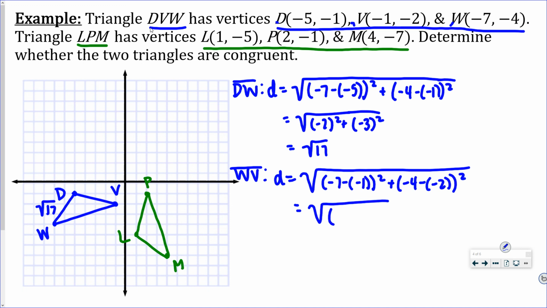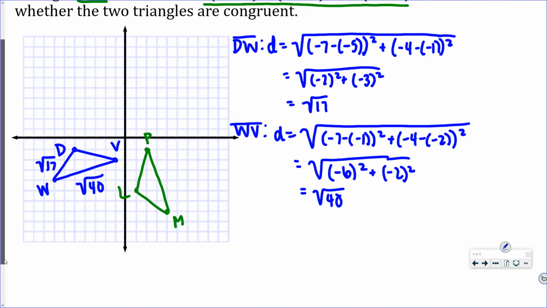All right, -7 plus 1, that'd be -6 squared, plus -4 minus -2 would be +2, that'd be 2 squared. 36 plus 4 is the square root of 40. You don't really need to simplify the radicals here, folks. We're just checking if all of these are the same. So you can leave it as the square root of 40 for now. I wouldn't recommend getting decimals, so I would just leave it as the radicals. All right, one more, and then I'll give you the green ones.